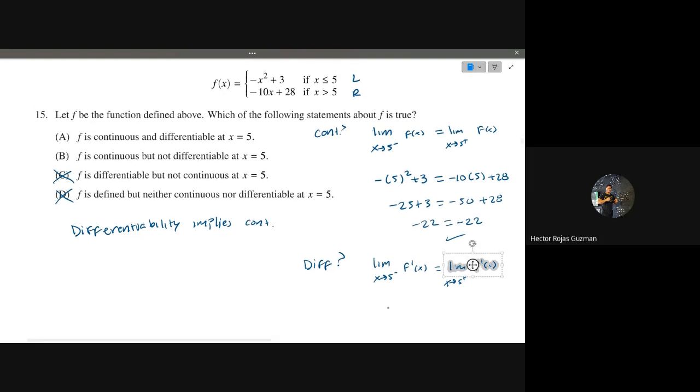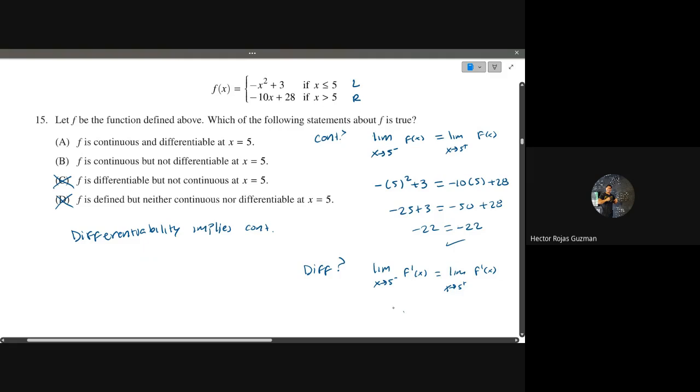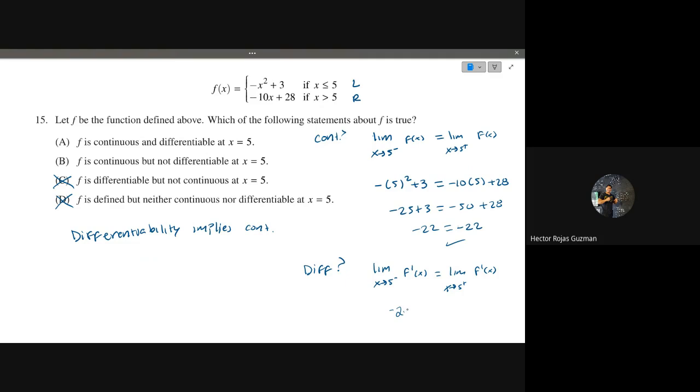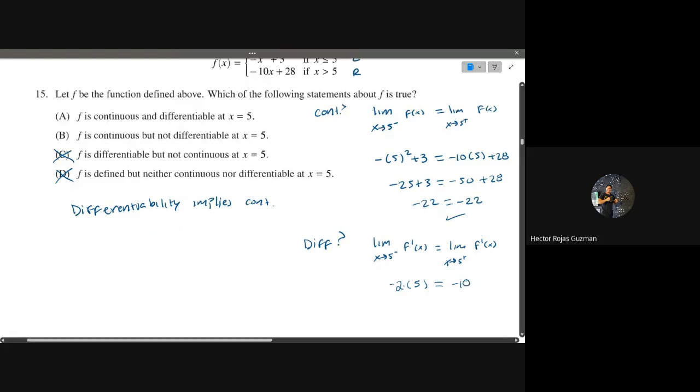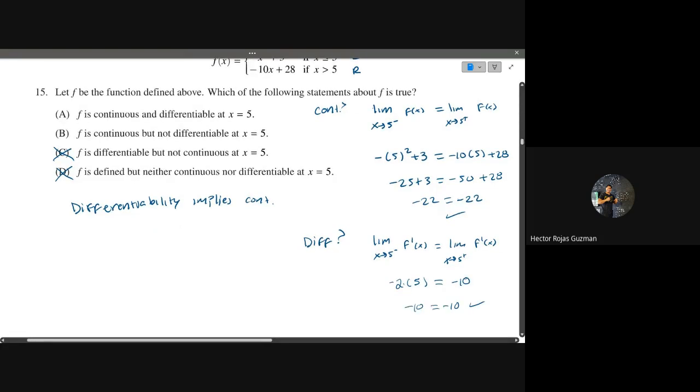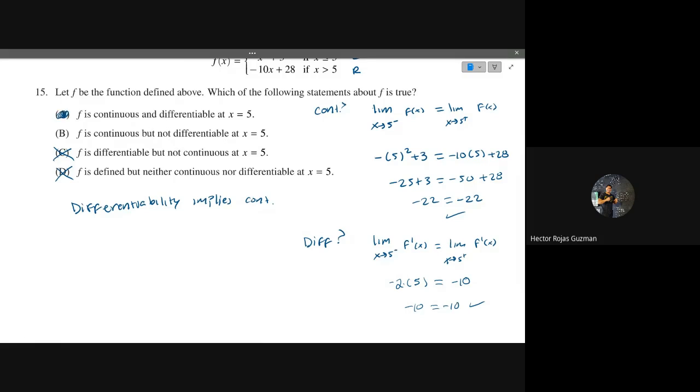On the left side, we have negative 2x, and we're going to go ahead and plug in the 5 already. Negative 2x equals, on the right side, the derivative is negative 10x. No, just negative 10. Do they equal each other? They do. So the function is continuous and differentiable.